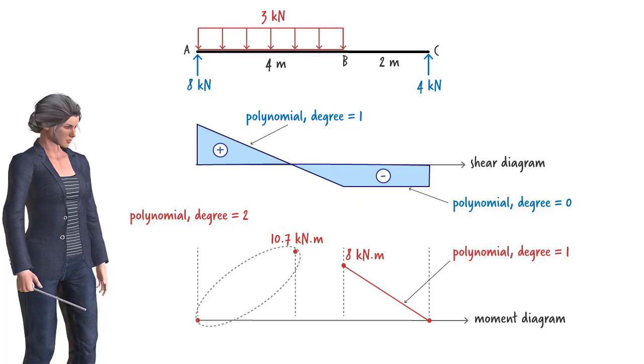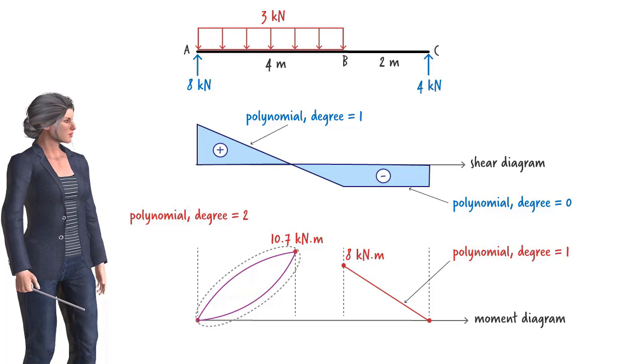This can be done in 2 ways. We can either draw a curve having a decreasing slope, like this, or we can draw one with an increasing slope, like this. To determine the correct shape, we need to examine the shear diagram right above it. If the shear is decreasing in value, then the moment diagram should have a decreasing slope.